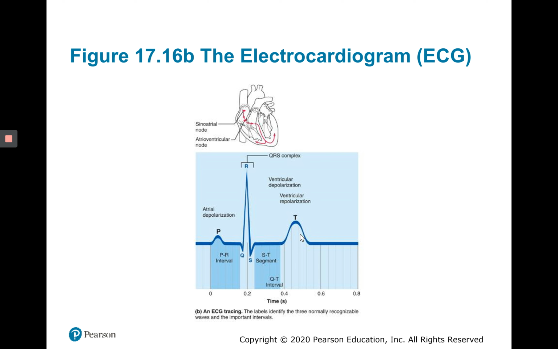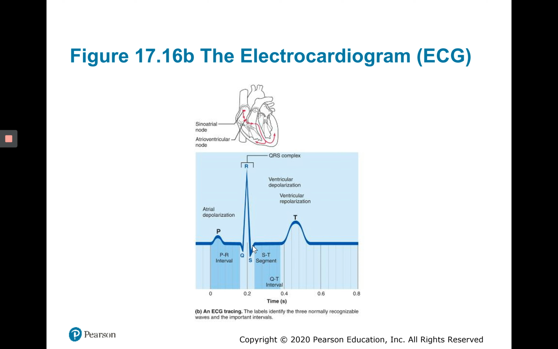Now you may be wondering, okay, we see the atria contract, we see the ventricles contract, and then we see the bump, the T wave, for when the ventricles relax. Where's the atria relax bump? It actually gets lost in the QRS complex. The ventricles are so large, and the fact that ventricular depolarization, meaning contraction, occurs at the same time that the atria are relaxing means that we lose the bump or the wave that we would see as a separate atrial repolarization or relaxation stage.